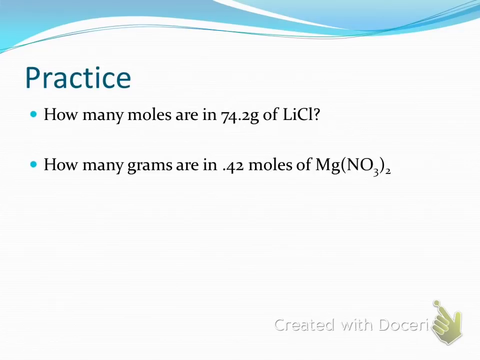How many grams, so I'm going to put my question mark there, are in 0.42 moles of this substance called magnesium nitrate? So we start by writing what we know.